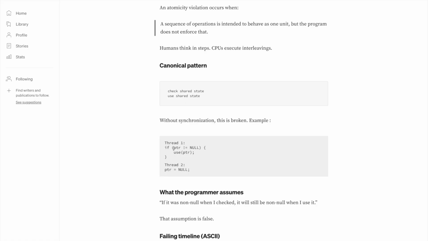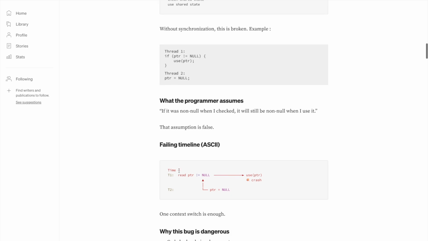Assume at t1 you did this check, and at t3 you actually use the ptr. But before that, at some time t2, you got this. I will explain it more clearly. At time t1, you read the ptr and find it is not null, so you're going to use it.